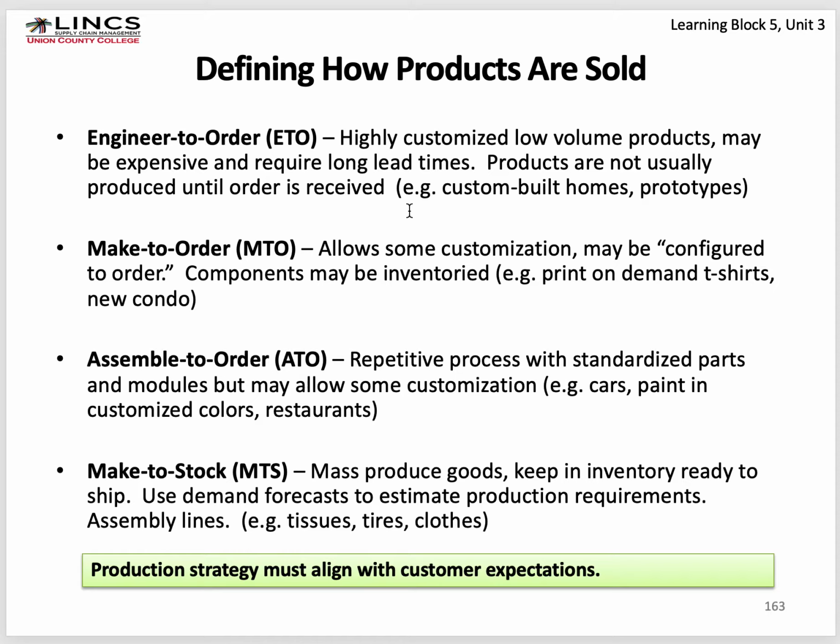So engineered to order means highly customized. You might build 2 very similar skyscrapers. If you go to the Peachtree Center in Atlanta, I forgot what the name of the center was in Los Angeles, and the Renaissance Center in Detroit, they're basically the same building. When you look at them, you say, oh, I saw this, almost the same as a building in Atlanta and LA when you're in Detroit.